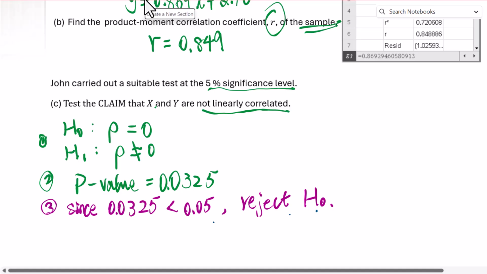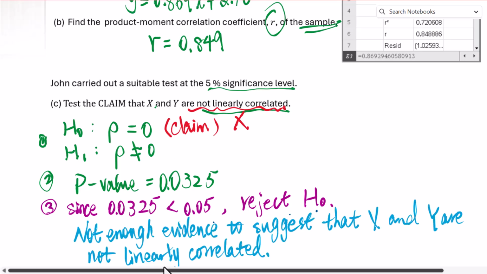The claim is X and Y are not linearly correlated, which is H0. Reject H0. Claim with this cross means not enough evidence to suggest that X and Y are not linearly correlated.